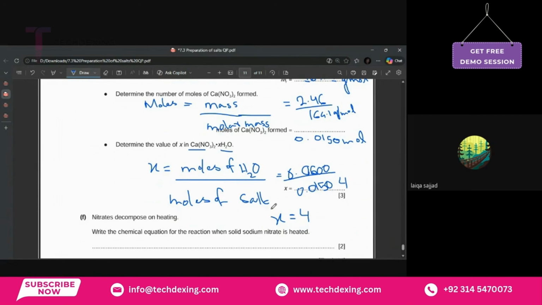The value for x would be 4. It means that calcium nitrate consists of 4 water molecules. Is it clear? Yes, Miss, it's clear.